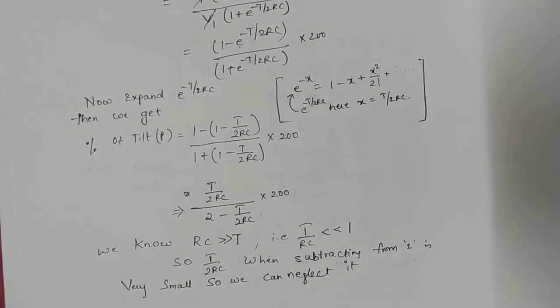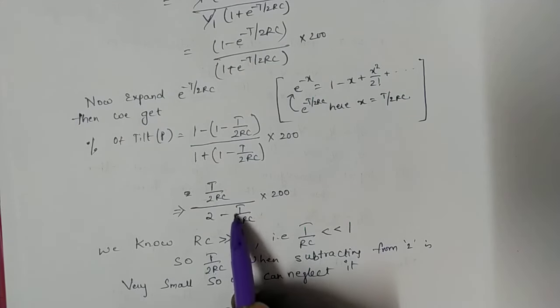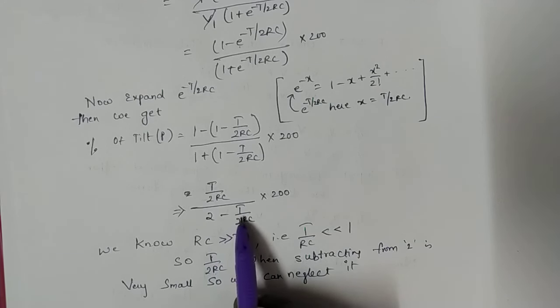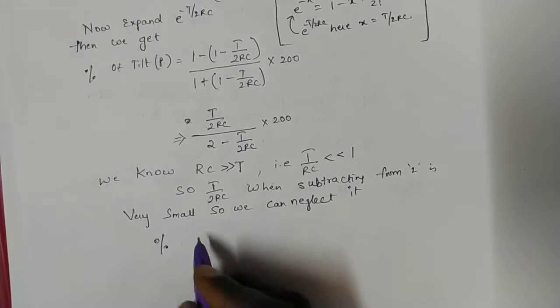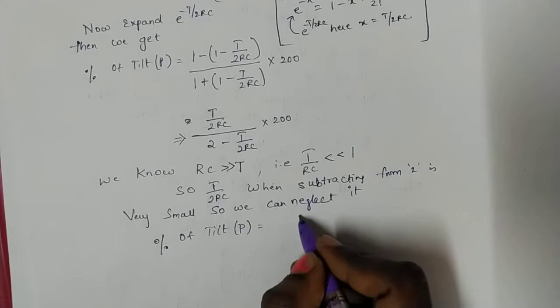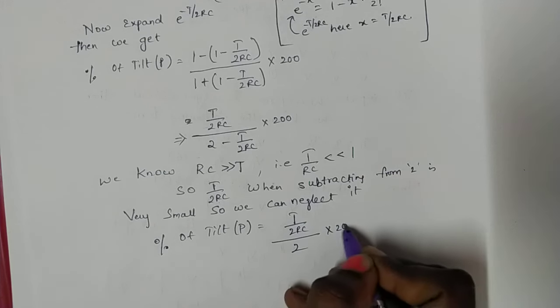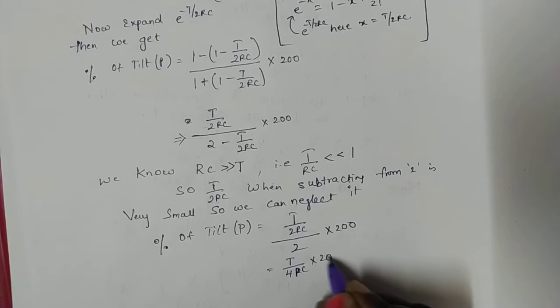See here, in 2 minus T by 2RC, this term is very small, less than 1 in value, so we can neglect this term. So the percentage of tilt, that is P, equals T by 2RC by 2 into 200. This is equal to T by 4RC into 200.